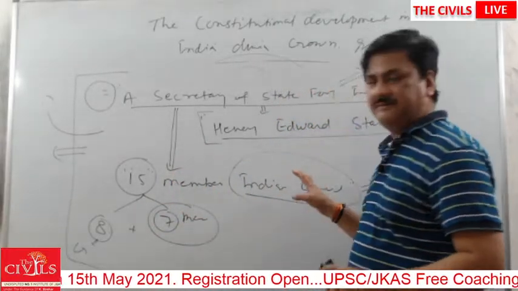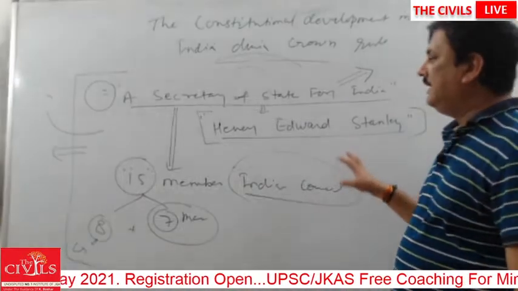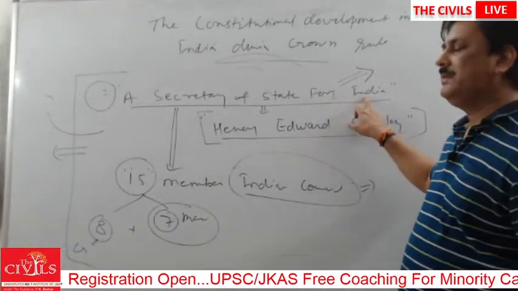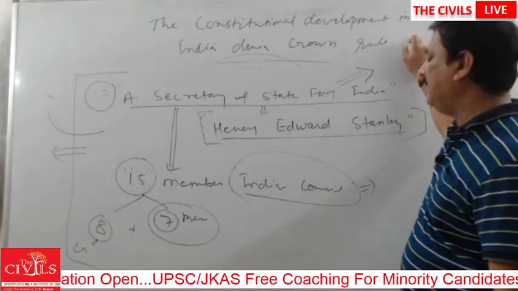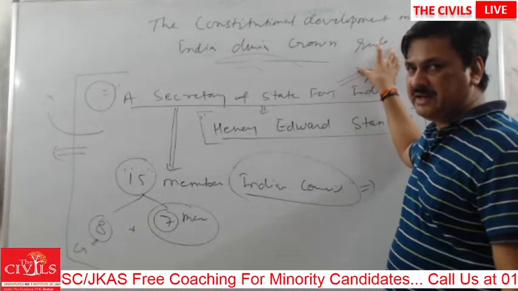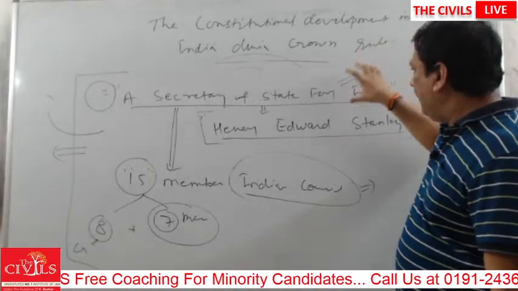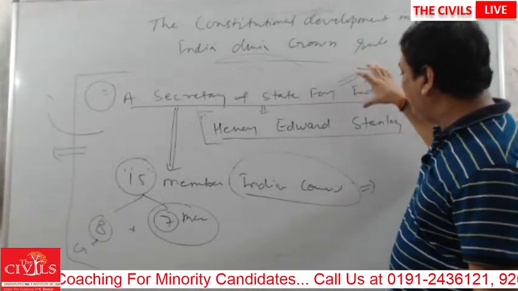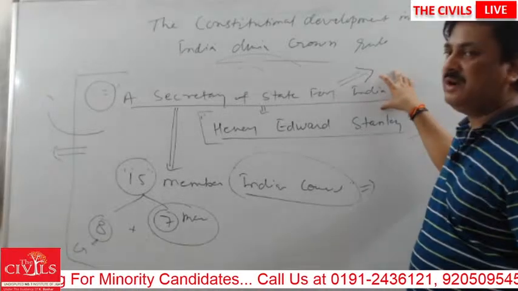In place of this dual government, a post of Secretary of State for India was created in Britain. This post was reserved for a cabinet minister, and he was given all the responsibility to govern India.